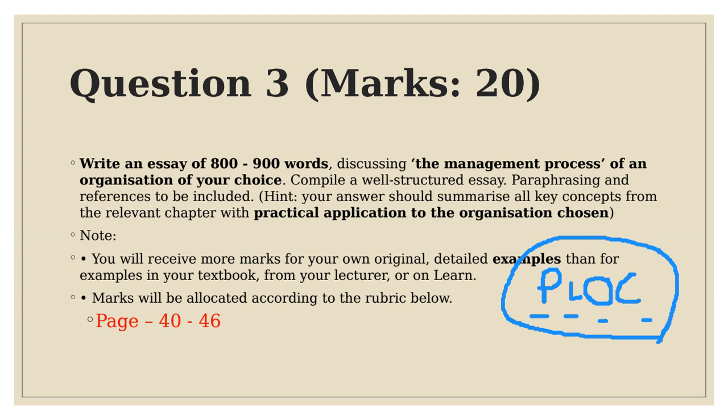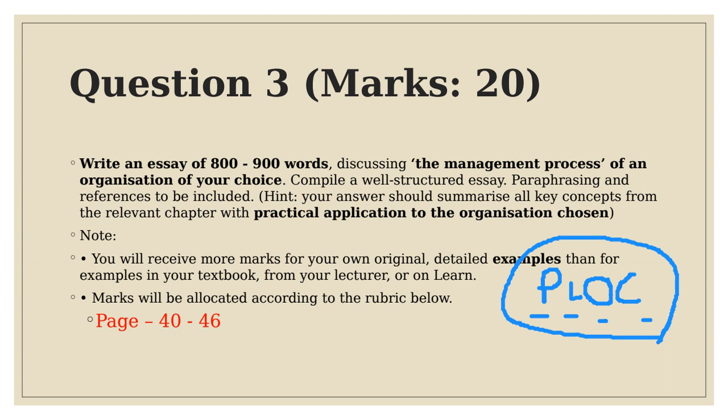These examples you can make up, they can be hypothetical, and you can also apply them to the organization that you choose. So you're going to choose an organization and think about the examples you would need to apply.